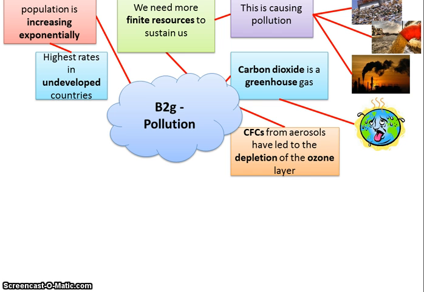They're also released from fridges as well. And so all of these were going up into the atmosphere and destroying the ozone layer, causing it to have holes in it, which meant that the ultraviolet radiation could get through, and meant more people were getting skin cancer because they were being exposed. So please be careful with those two.